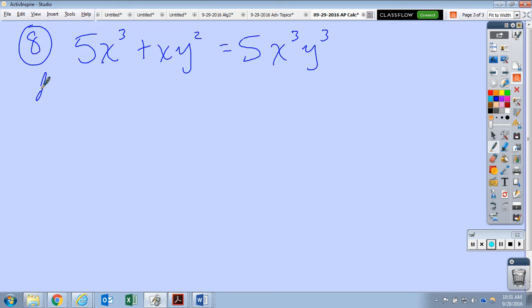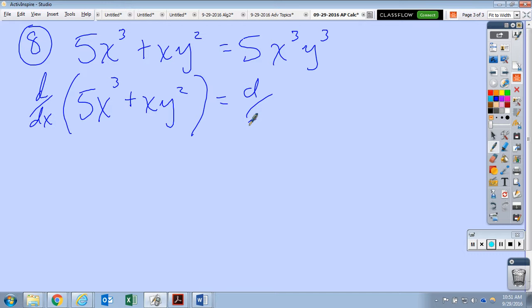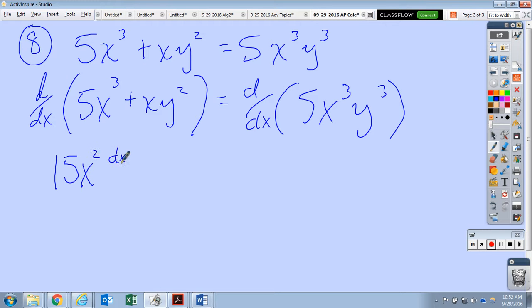So we take the derivative with respect to x. The derivative with respect to x of 5x cubed would be 15x squared dx dx.